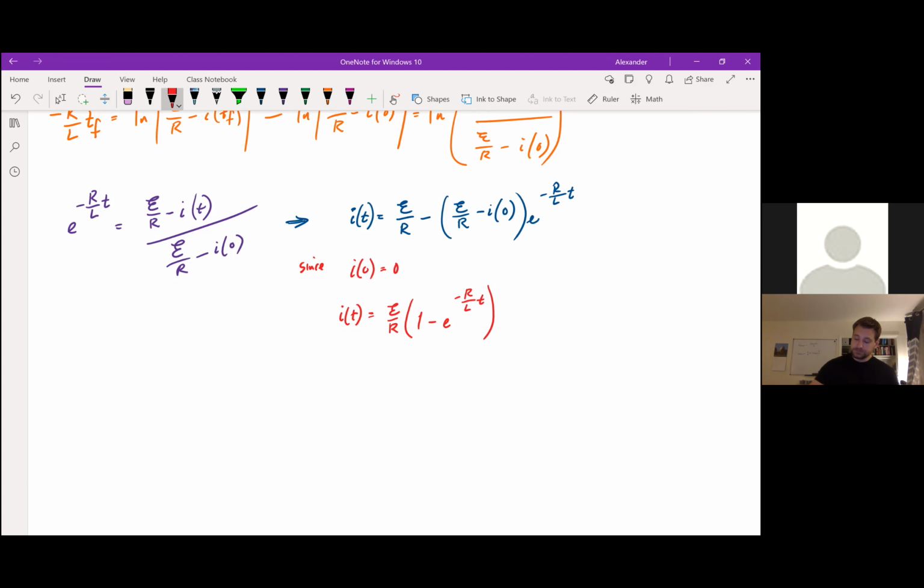We could even define a time constant for the charging, for the building of current in an inductor, and rewrite this exactly the same way we wrote the capacitor charging equation.